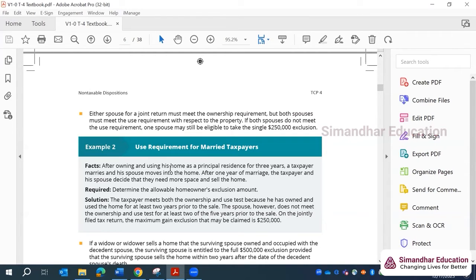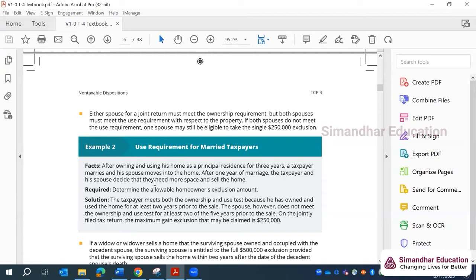So let's look at this example. After owning and using his house as a principal residence for 3 years, a taxpayer marries and his spouse moves into the home. So here the husband is owning the property and he's now getting married. After 1 year of marriage, the taxpayer and his spouse decide that they need more space and sell the house. So now in this scenario, has the wife satisfied the use requirement?